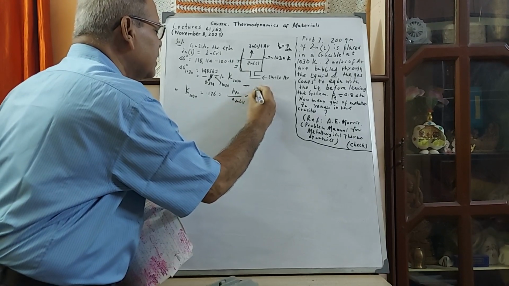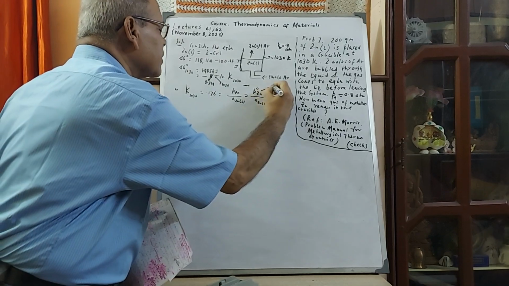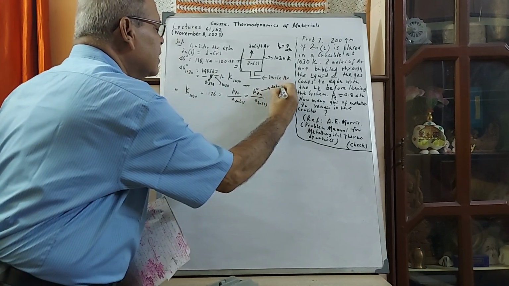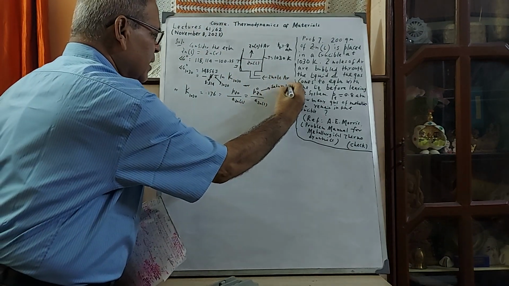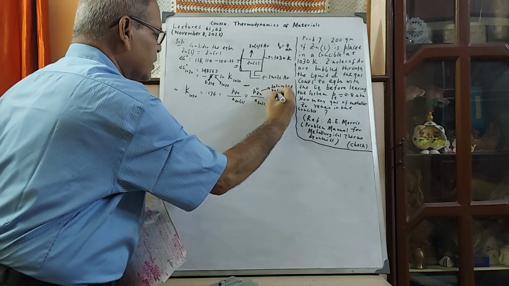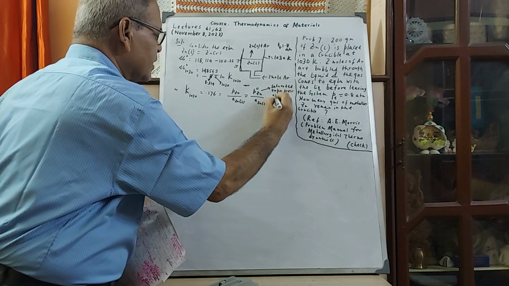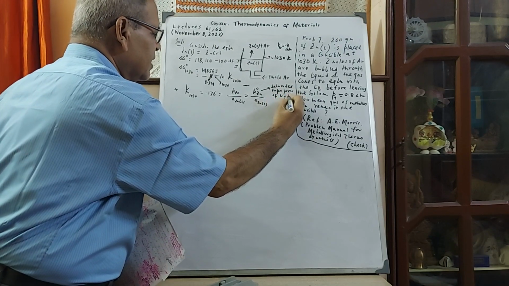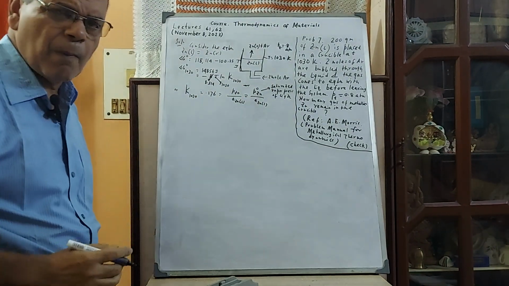This is known as P zinc zero, the saturated vapor pressure of zinc, the vapor pressure of liquid zinc. And this is P zinc, the partial pressure of zinc.